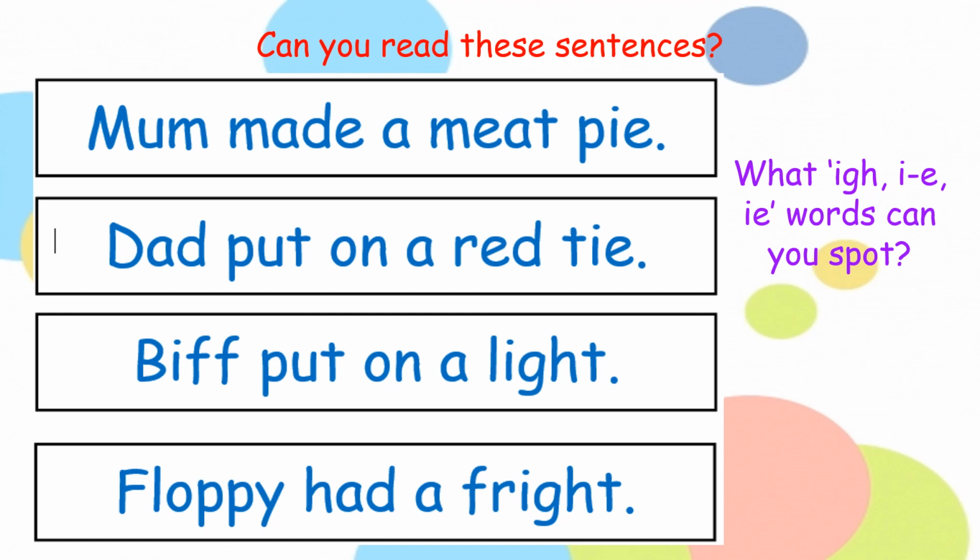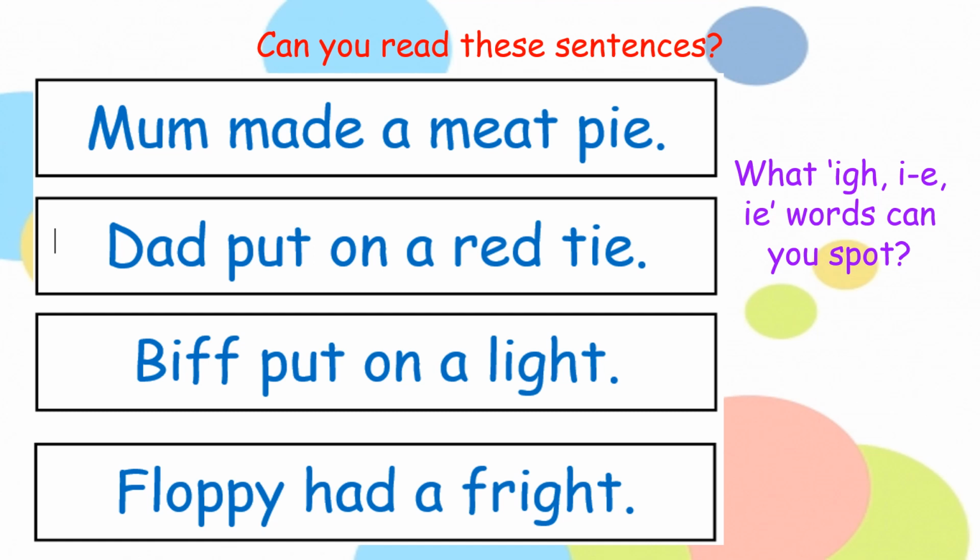Your third sentence says, Biff put on a light. And your fourth sentence says, Floppy had a fright. And the different I words that we have in these sentences are pie, tie, light, and fright.